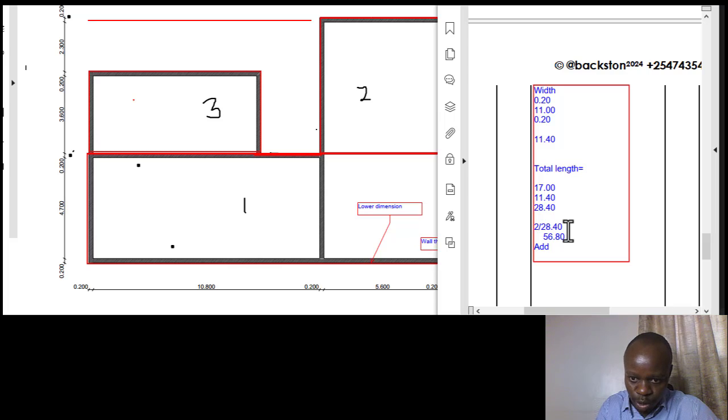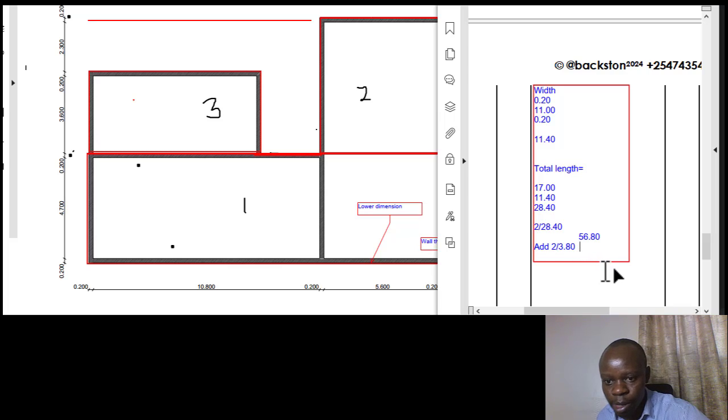So that is going to be 3.8, because 3.6 plus the 0.2, so that is 3.80, and we multiply by 2. Okay, so it's 2 times 3.80, and we take the 56.8, and then we add to what we have here.